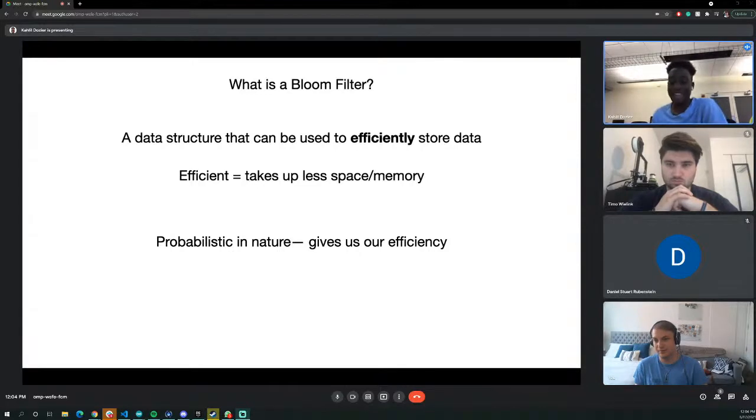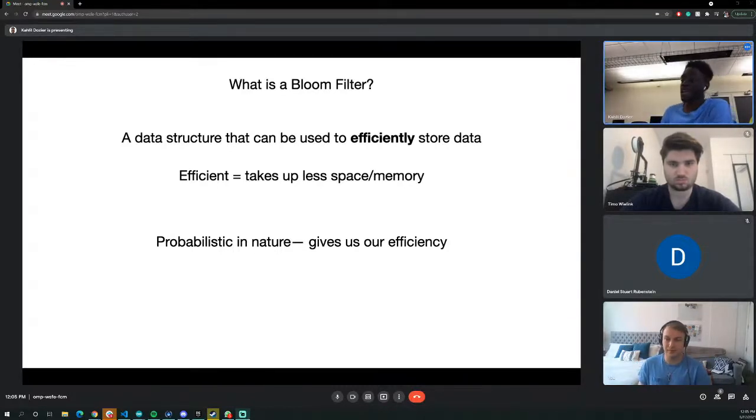So that's very nice. And the way it accomplishes this is because it's probabilistic in nature. So it takes advantage of randomness, and through taking advantage of randomness, we get efficient, less space-taking data storage. So in a nutshell, that's what bloom filters are, and I'm about to explain everything about how they work.